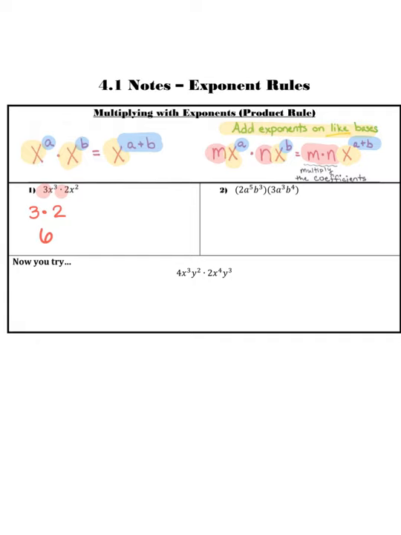Now I do have the base of x, so I am going to use x as my base, but I'm going to add those exponents. So I'm going to add the 2 and the 3 together. And 3 plus 2 will give me an exponent of 5. So the base will stay as an x, and my exponent will be a 5.